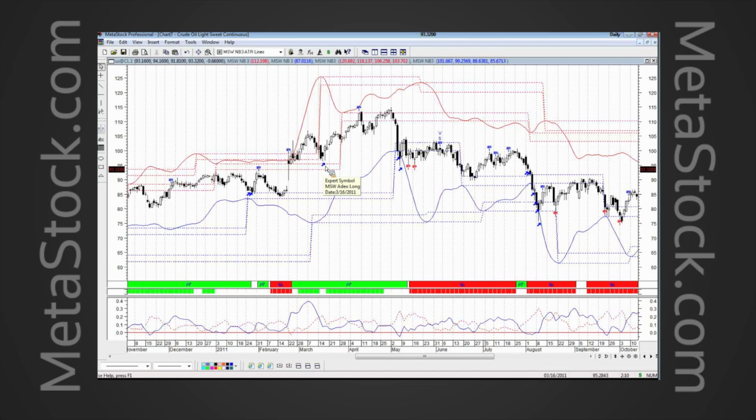So it's named Adeo. Adeo means that price has gone too far in one direction and needs to change directions, and likely will. Again, I'll state that. An Adeo means price has traveled too far, too soon in one direction, and likely will change directions.